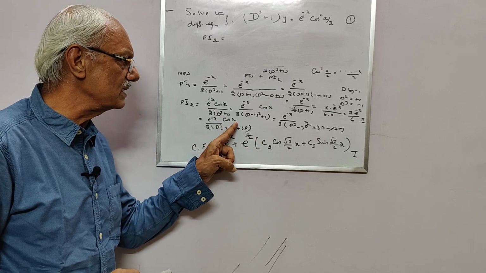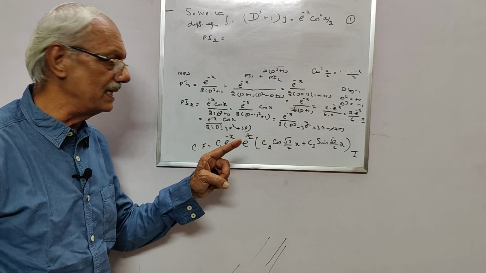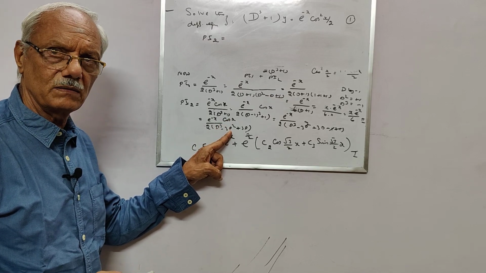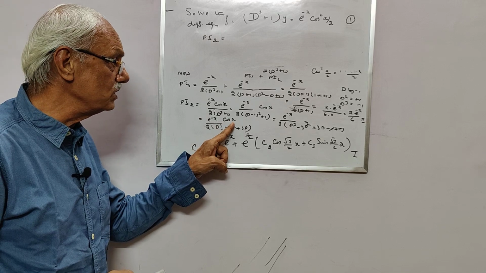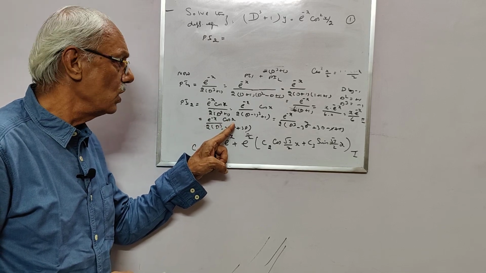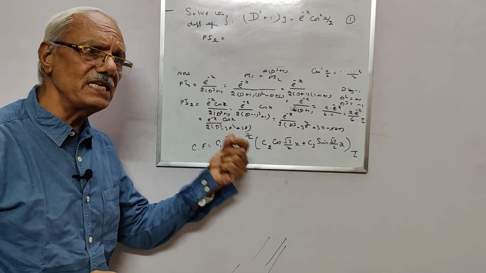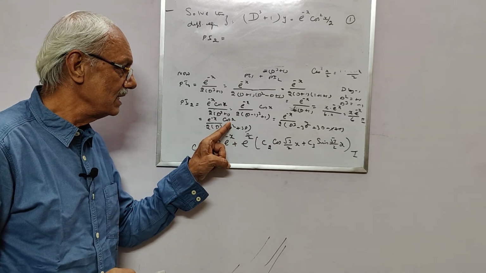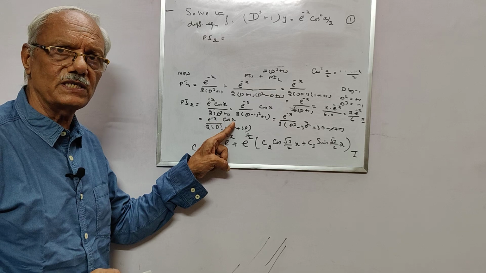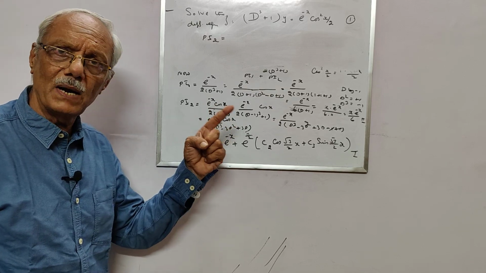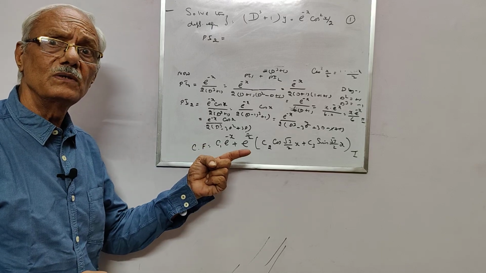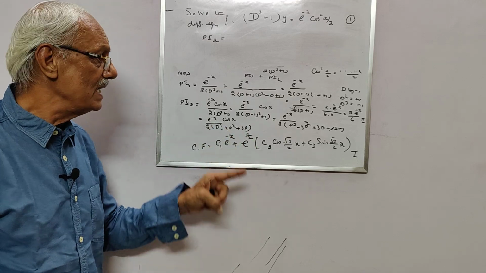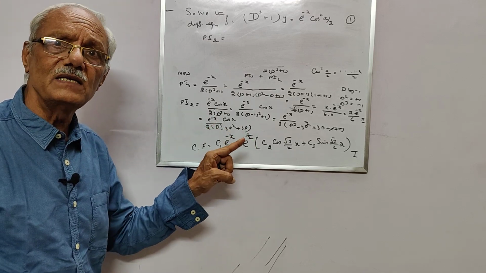But if it is a circular function like cos x or cos 2x or sin 2x or sin x, then you replace d squared by minus a squared. Here a is 1, but if it is cos ax, then you replace d squared by minus a squared, and d cube by minus a squared d. If it is d to the power of 4, you replace it by a to the power of 4.